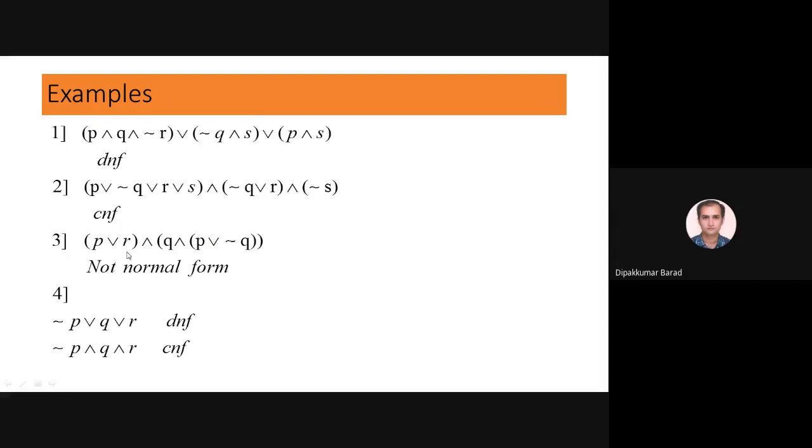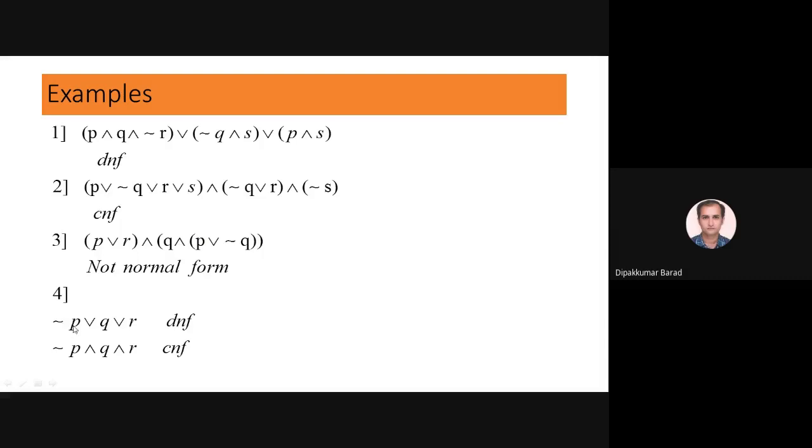Okay, and this one is P and (P or R) and P and (P or ...). So this is not a normal form, first of all. By using the distributive property, you can convert it into a normal form.